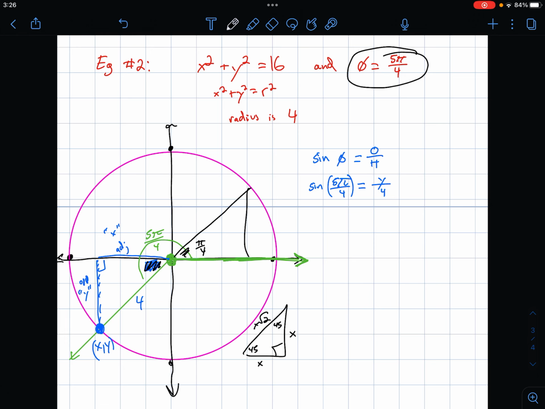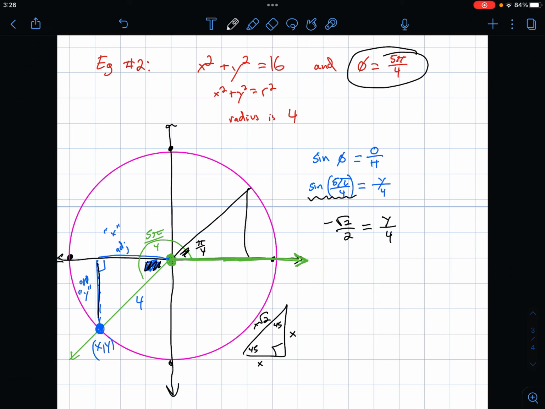So sine of 5 pi over 4 is going to produce a ratio of x over x root 2, except the y-coordinate is going to be negative, so it's going to be negative x over x root 2. Doing all that out, we're going to get negative root 2 over 2. If you're stuck on that, just put it in a calculator for the moment, because that's not mainly the point that I want to show at the moment.